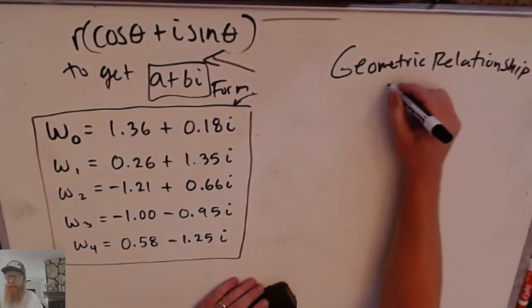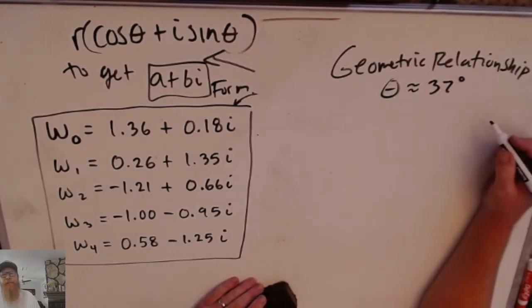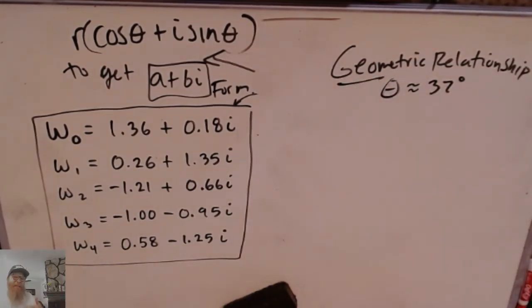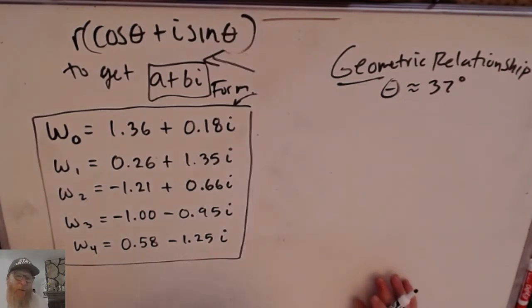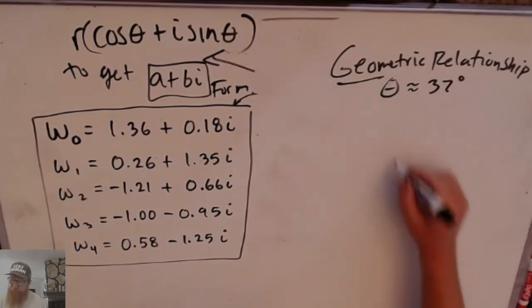And that's where I like to look at theta, which was approximately 37 degrees, because when you're doing geometry, you have to think geometrically using degrees. When you see 1 point something, does that look like an angle? But when you see 37 degrees, you clearly see an angle.